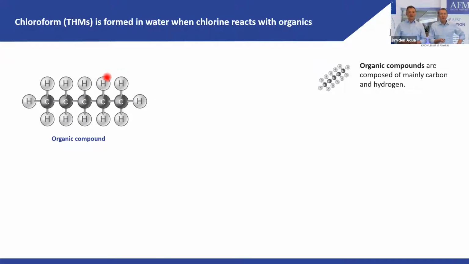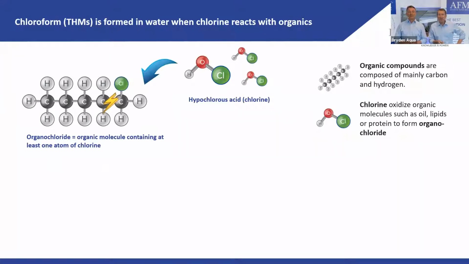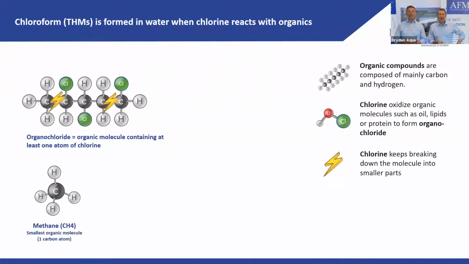So we form chloroform by breaking down large organics. Chlorine breaks down large organics into the smallest components, which are methanes, 1 carbon and 4 hydrogen atoms.